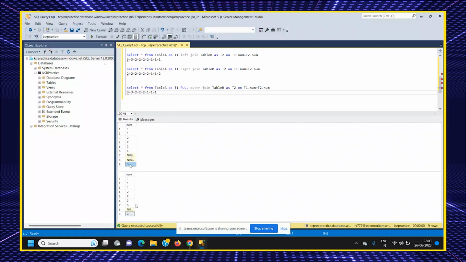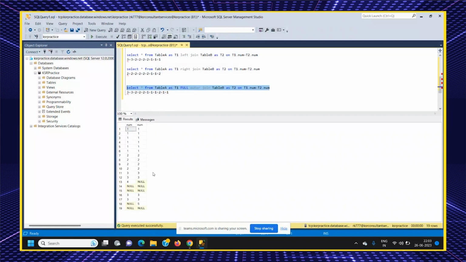In case of this 3, we have a similar record, 2. Once the matching columns are completed, we have non-matching 5 in table 2, so that one record, and one null, again one record. So 3 plus 3 is 6, plus 2 is 8, plus 2 is 10, plus 2 is 12, 13, 14, 15, 16, 17, 18, 19. So in case of full outer join, a total of 19 records would come into picture.